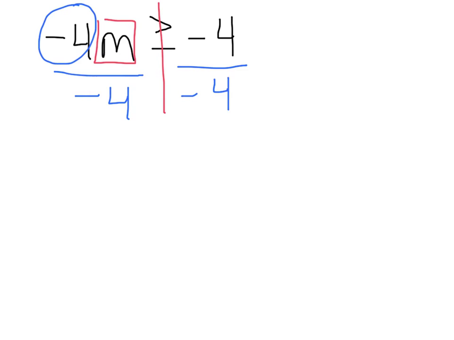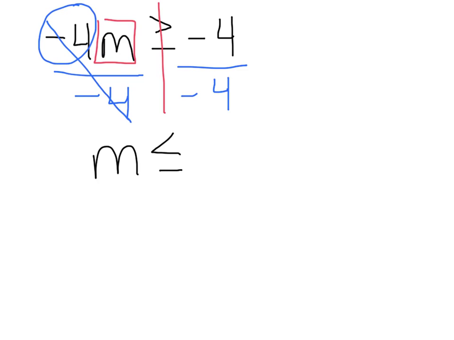When you divide negative 4 by negative 4, we will be left with m. And because we had a negative coefficient, remember, the letter and the number next to each other are multiplying, and the coefficient is the number in front of the variable. So that negative 4 tells us we have to flip our sign. Instead of greater than or equal to, it's going to be less than or equal to.